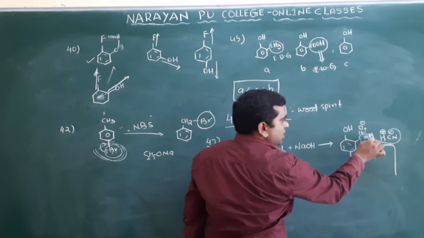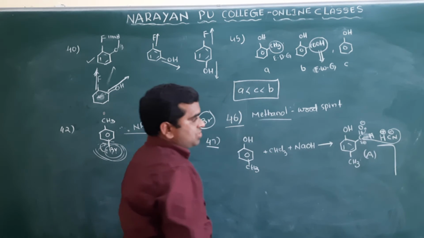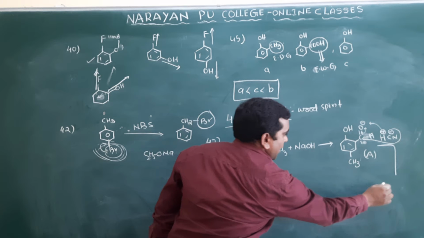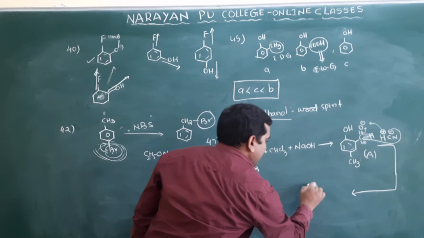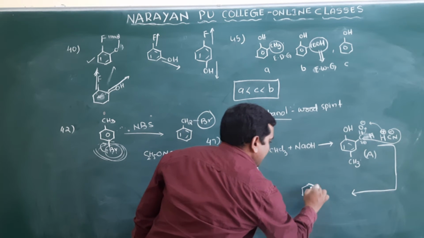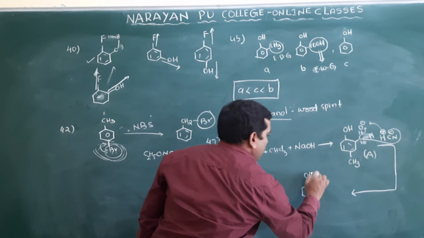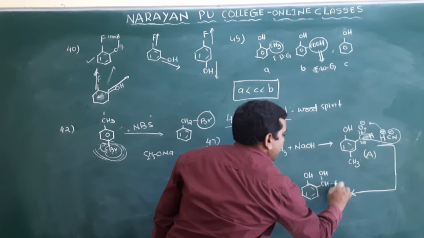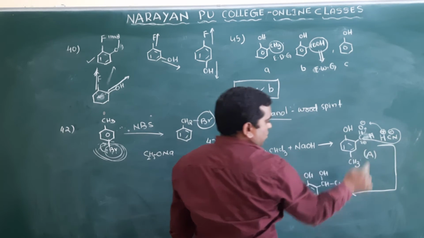Cyanide, the negative charge, bonds with the positive carbon. Then what compound will you get? One is OH, here there will be a CH, and here CN. CN will be added to the carbonyl group.